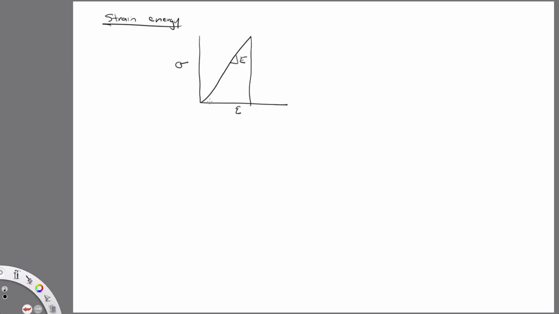So it's the area under this. So the elastic energy is 1/2. I'm just doing an area calculation here. 1/2 base times height, right? So at the load applied, that's the area under the curve.